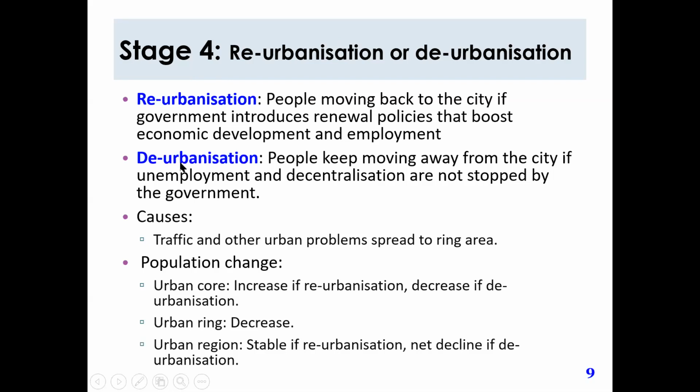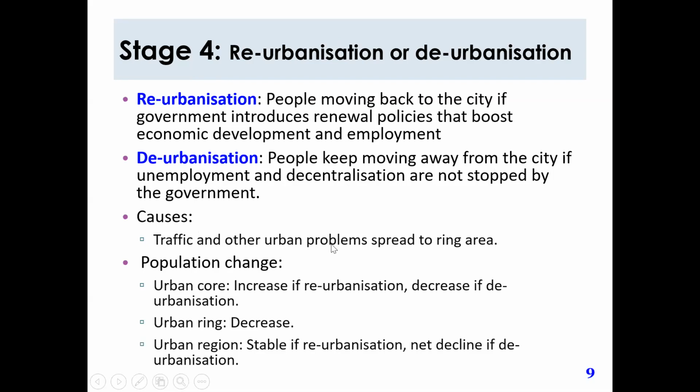But deurbanization will occur and people keep moving away from the city if unemployment and decentralization are not stopped by the government. Okay, so the causes of deurbanization: traffic and other urban problems spreading to the ring area.